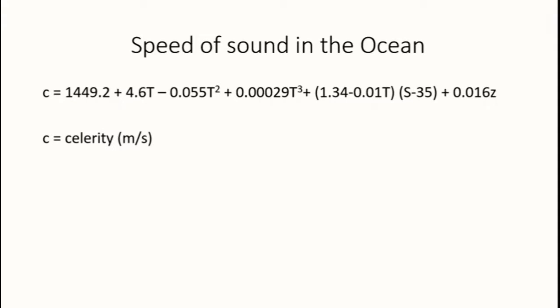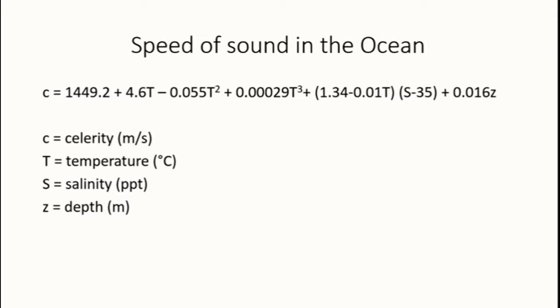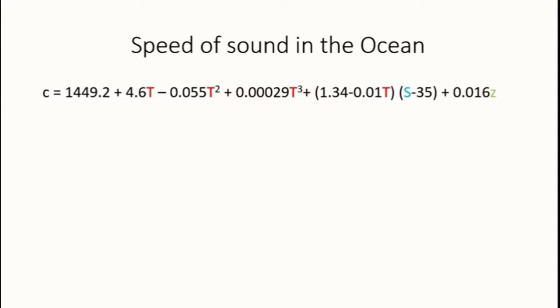In the equation, C equals the celerity in meters per second, temperature is measured in degrees Celsius, salinity is in parts per thousand, and the depth of water where the sound originated is measured in meters.